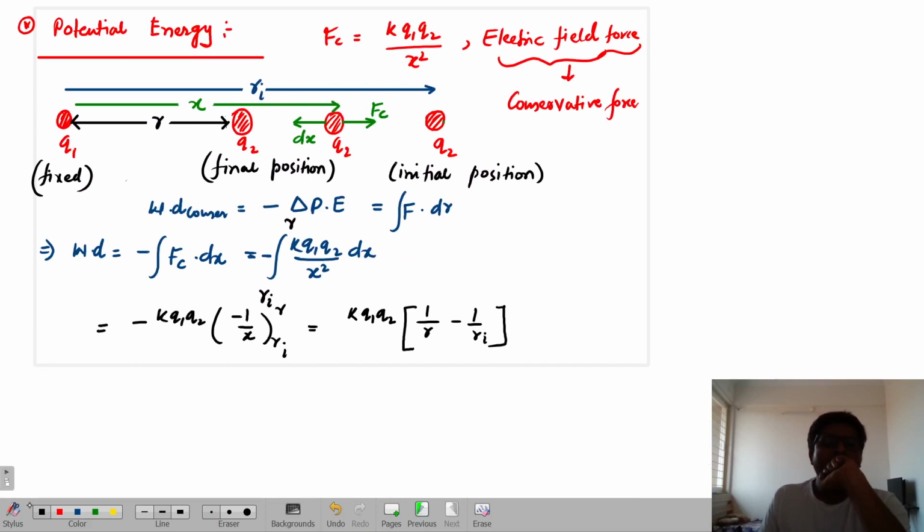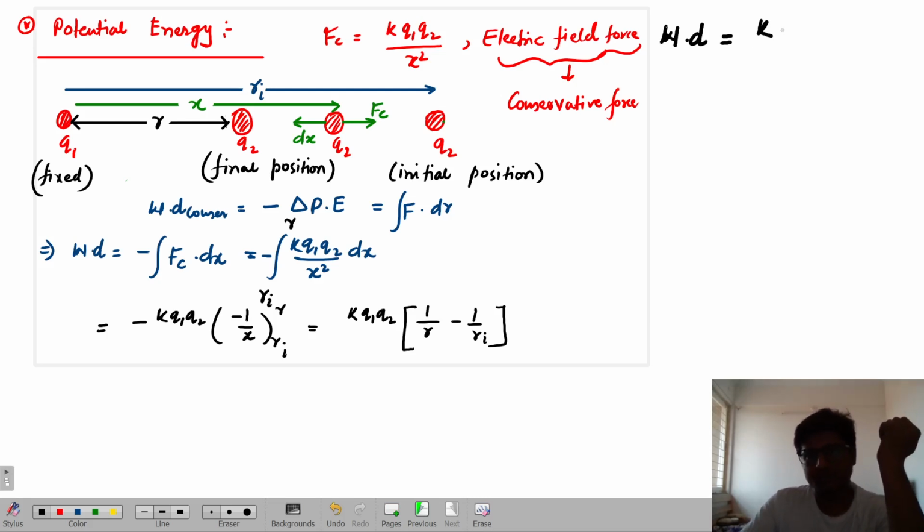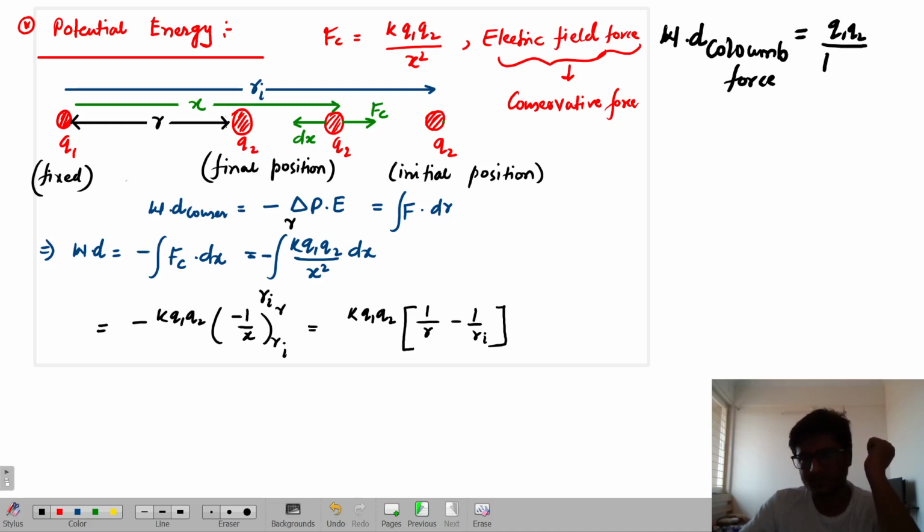Okay. So I got my work done by the Coulomb force as K Q1 Q2 by 4 pi epsilon naught into 1 by R minus 1 by R initial, isn't it?